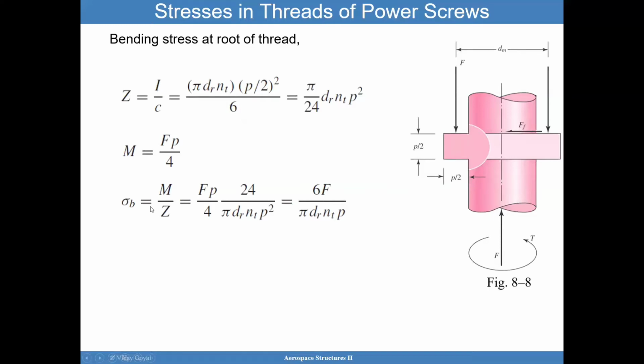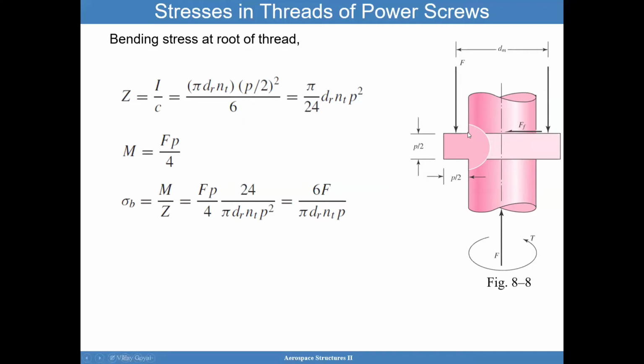The bending moment in this case is the force F times p divided by 4, because at the root you have this force and this distance p over 2, so this distance here is p over 4. That's your moment, and we're trying to get the bending stress about the root.